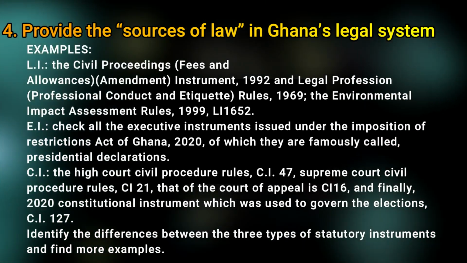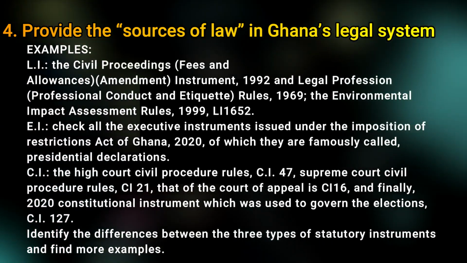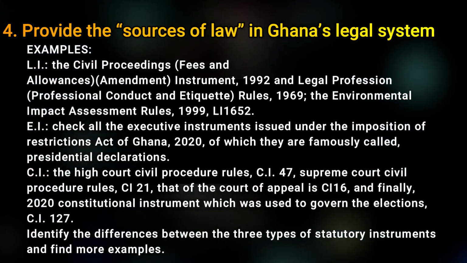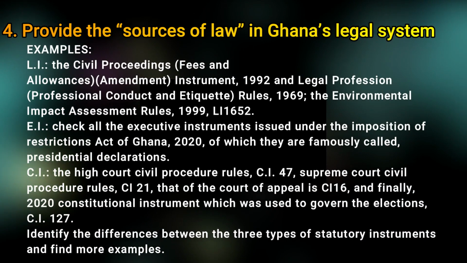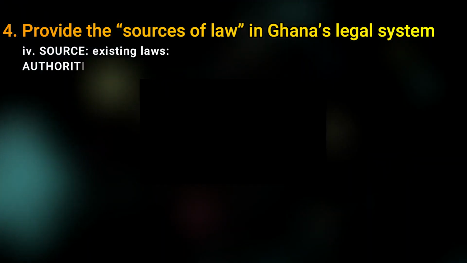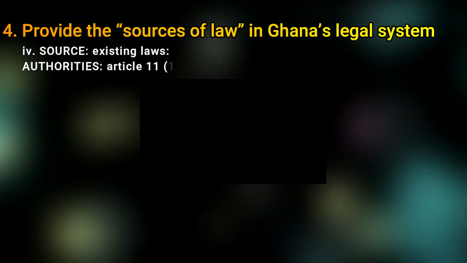In light of the above, please do well to identify the differences between the three types of statutory instruments and find more examples. Another primary source of law in Ghana's legal system is existing law.